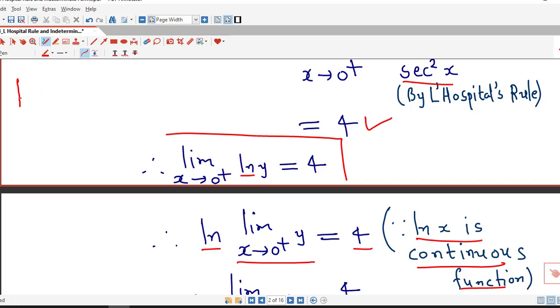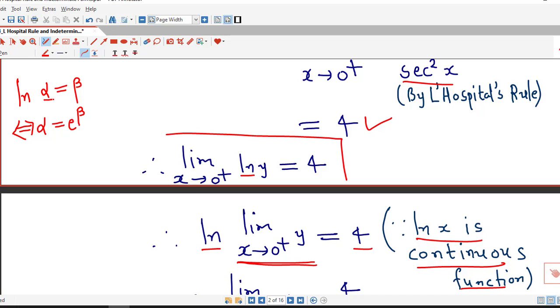Now we know that logarithmic function and exponential function are inverses of each other. So if we have log alpha equal to beta, then alpha equals e to the power beta, and the converse is also true. Here we have log of limit of y equal to 4.